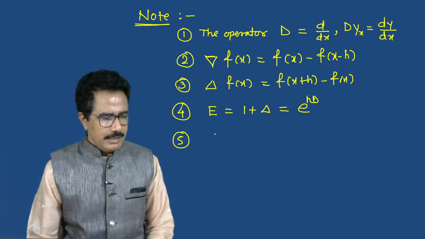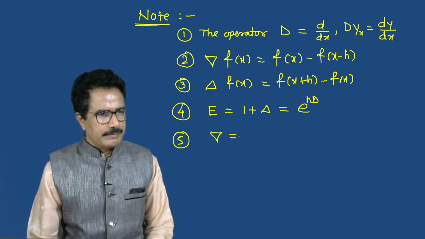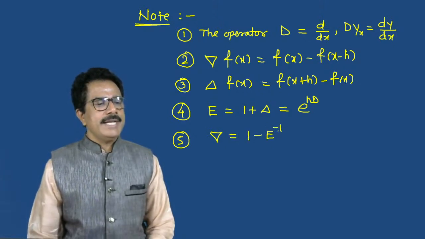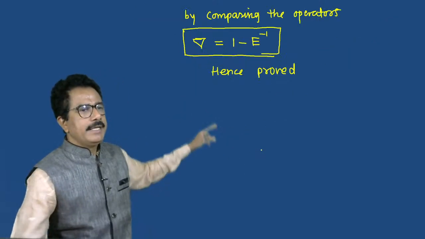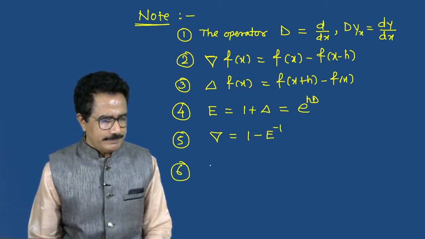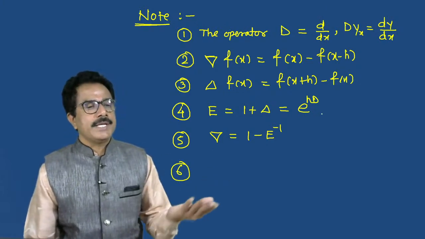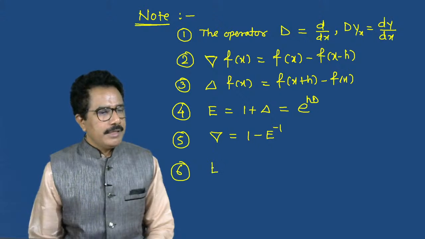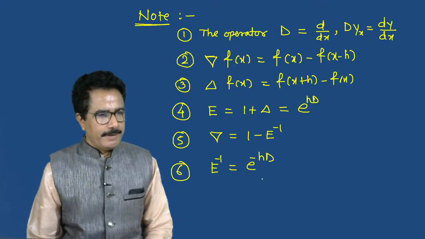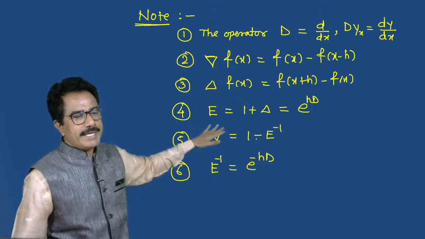Fifth, another relation we have proved, del is equal to 1 minus E inverse. We just proved this. So sixth, we can write E is equal to e raised to hD, and E inverse is equal to e raised to minus hD, but E inverse means 1 minus del.